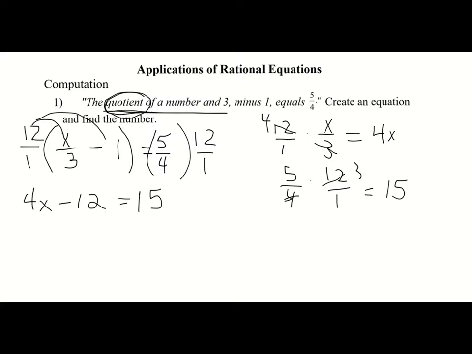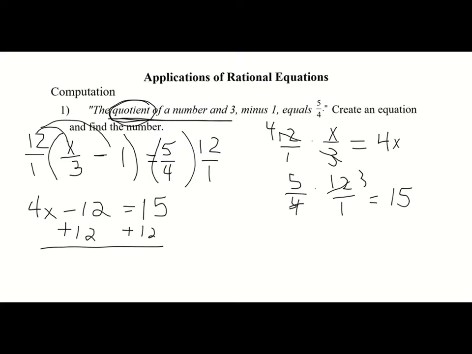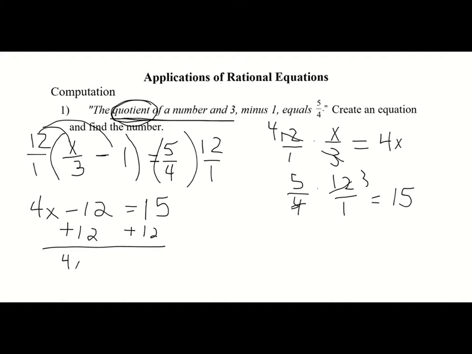It's a linear equation, so to solve it, I'll isolate x by adding 12 to both sides. That gives me 4x is equal to 27. Divide both sides by 4. So x is going to equal 27 over 4 for our final answer.